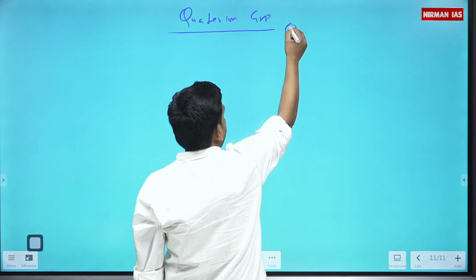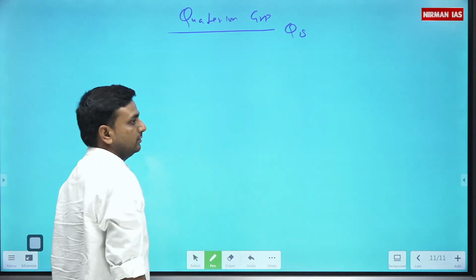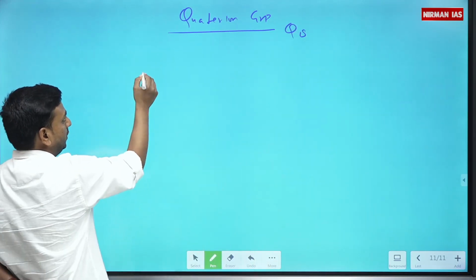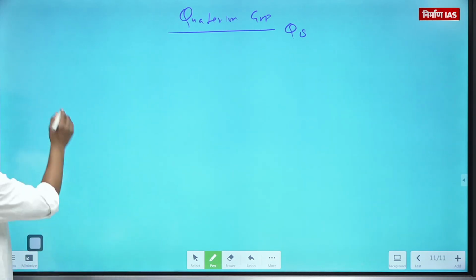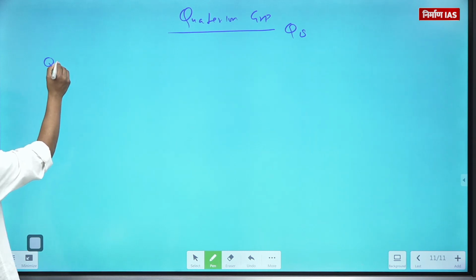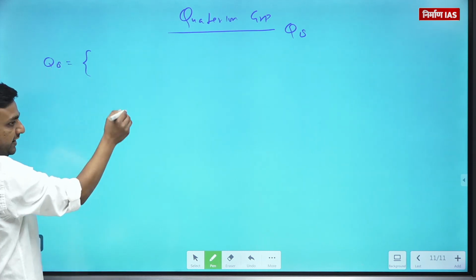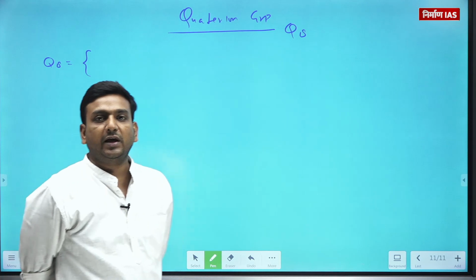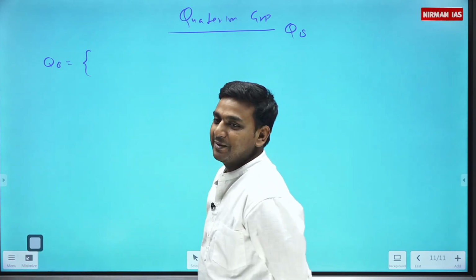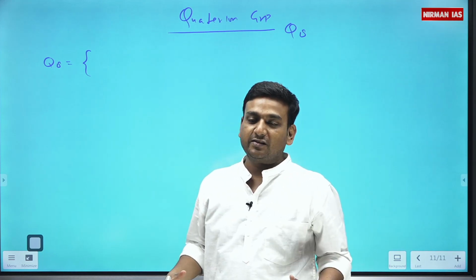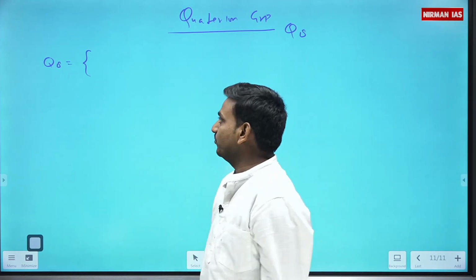We represent it as Q8, somewhere Q4. So Q8 is what here? This is a set. Don't think I have remembered all those stuff because I have been teaching for 12 to 13 years. If you do practice, it will be with you also.